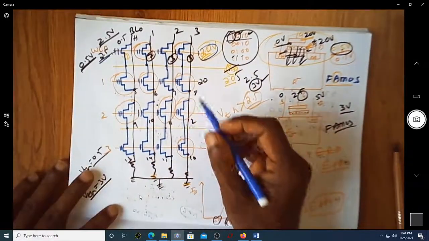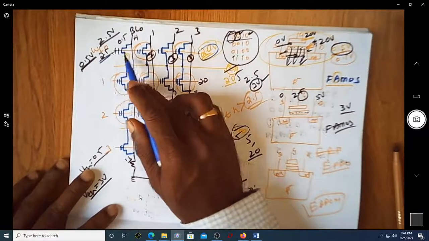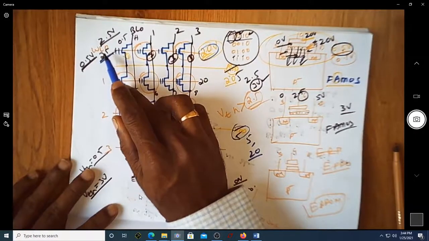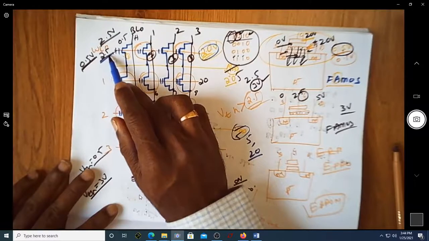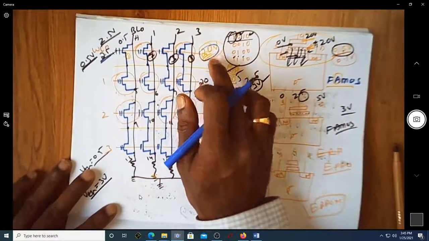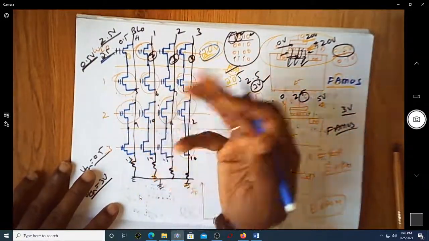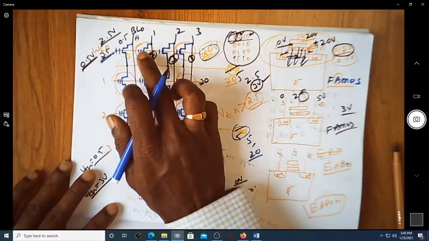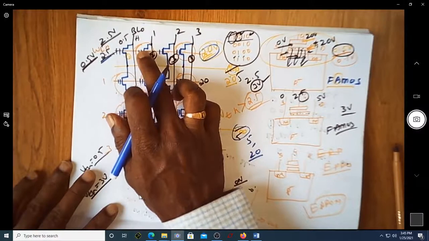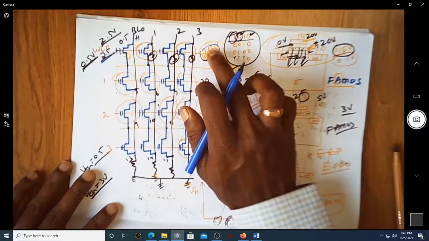By access time I mean, suppose you want to read whether the value stored is 0 or 1, you'll be applying 2.5 volt. That 2.5 volt is to access the value of this transistor, whether it is storing 0 or 1. The programming voltage is, suppose you want to store a 0, you have to increase the threshold voltage. So during that point this should be made 20.